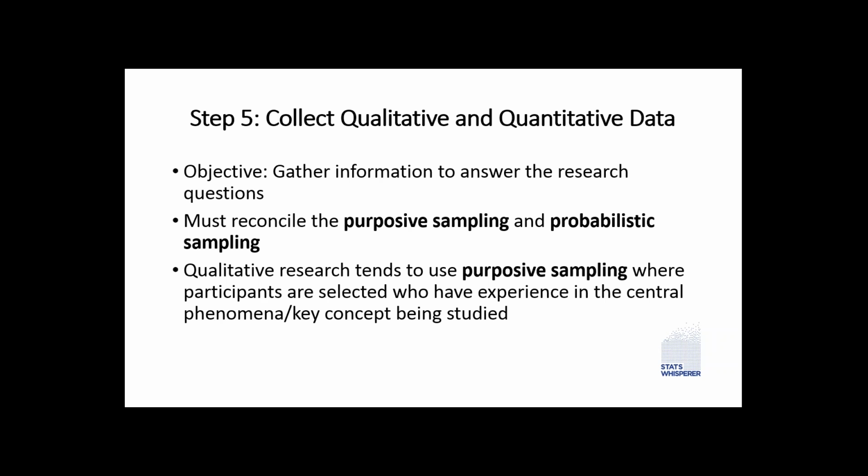So if we're studying a certain phenomenon and we meet people who have experienced it, purposive sampling might be to include them in the sample. And it might be a smaller sample, as is typical for qualitative studies, with carefully selected people.